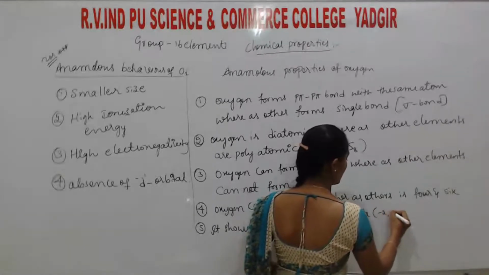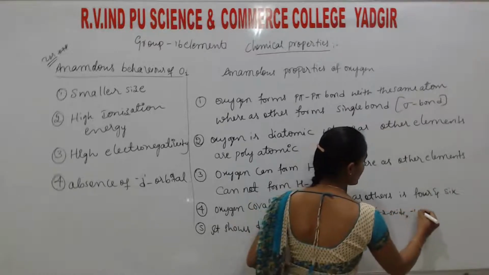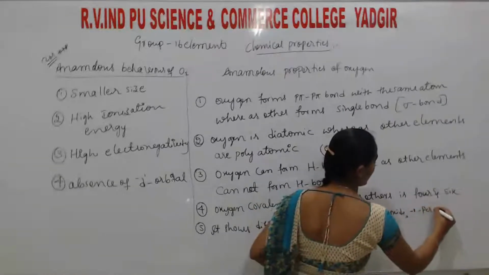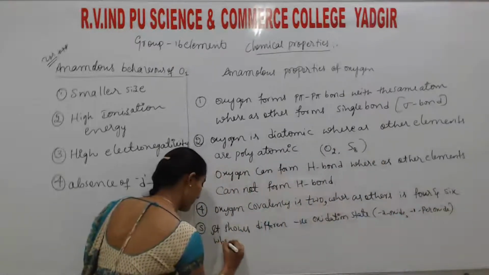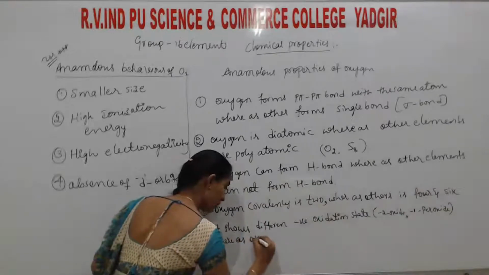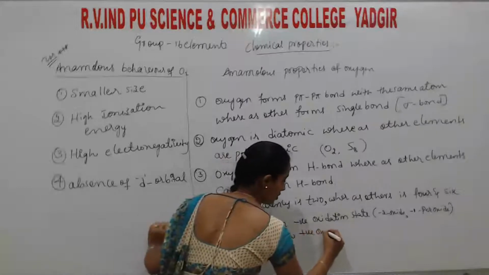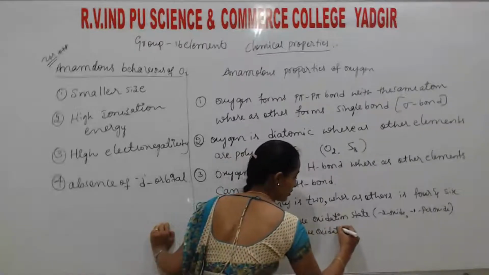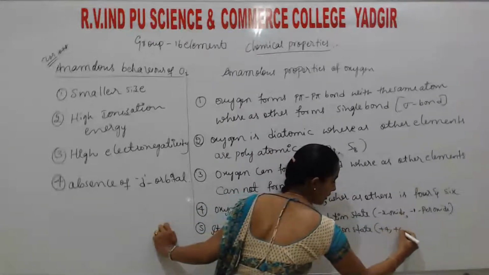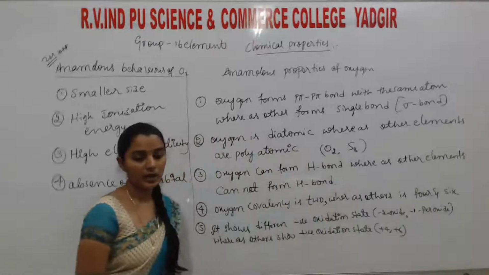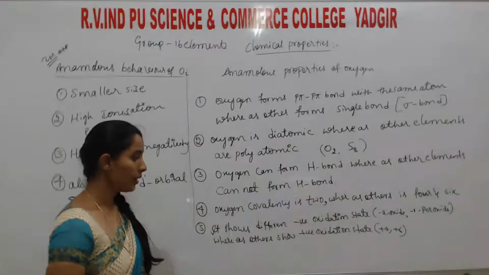Like -2 means oxide, and -1 means peroxide. Whereas others show positive oxidation states, that is +4 and +6.